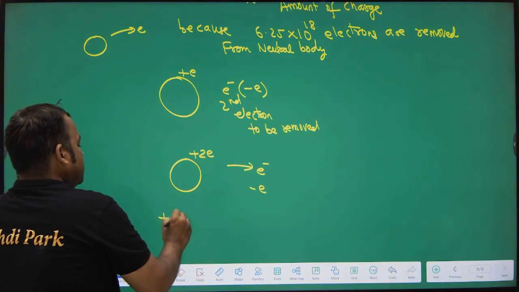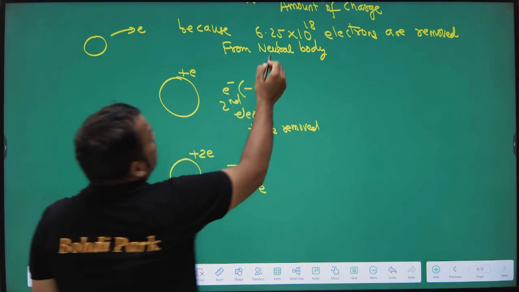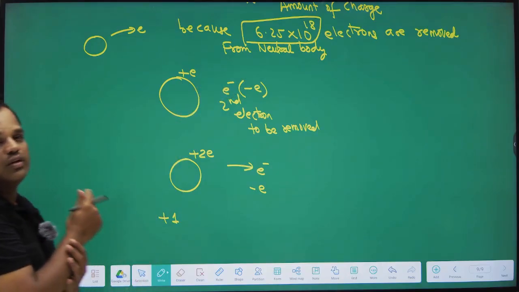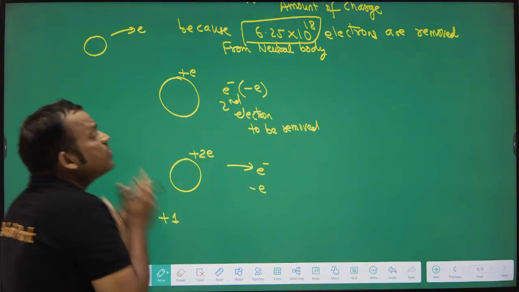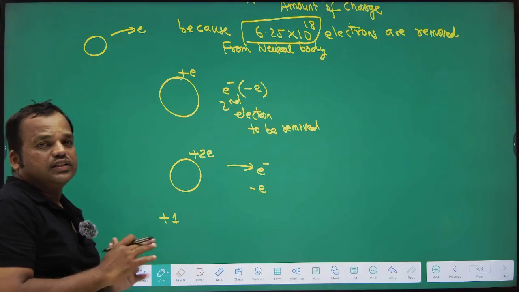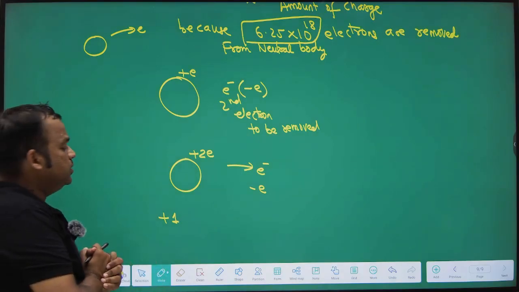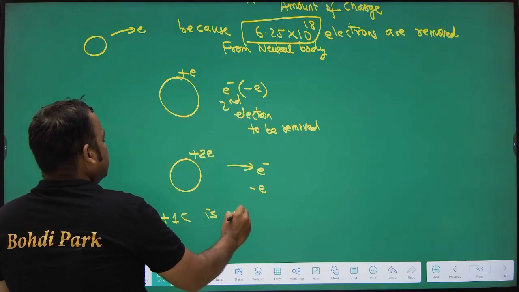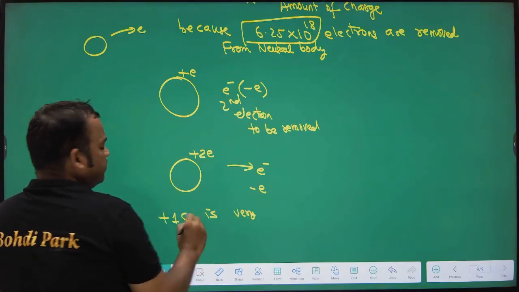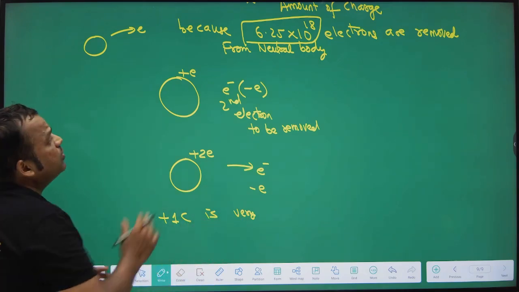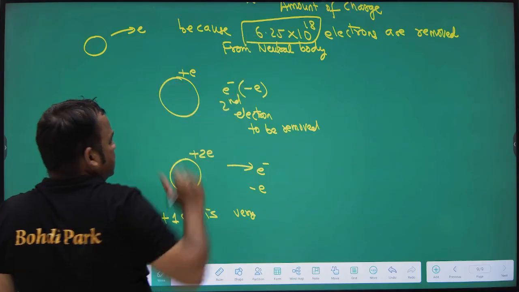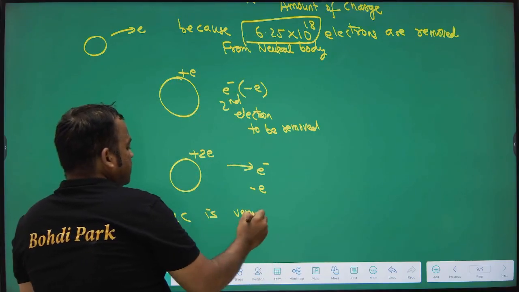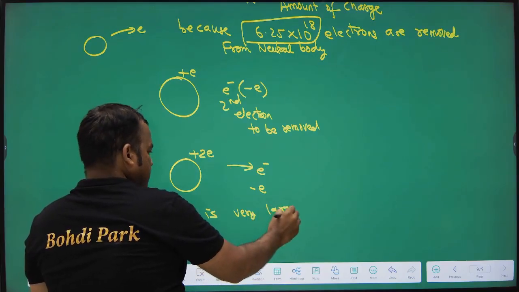So that's why, imagine 6.25 into 10 power 18 electrons are to be removed from a neutral body. It is not an easy task, it is a big challenge. So plus 1 coulomb is a very large amount. So practically we don't deal with plus 1 coulomb because this many electrons are involved.